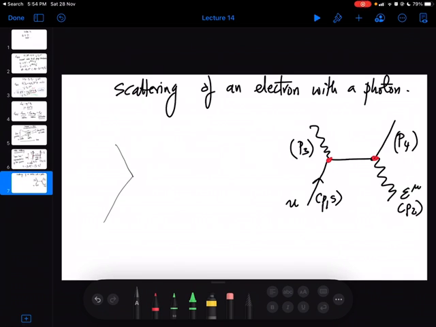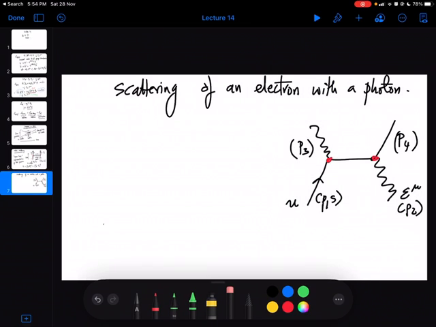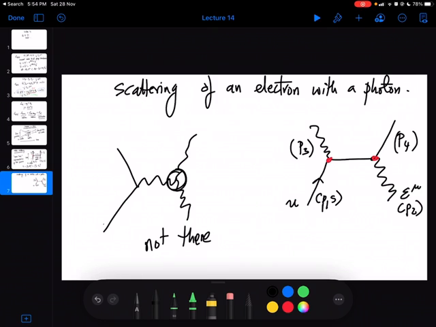If I draw a diagram exactly like last time, with an electron and a photon, there is no photon coupling in the theory. Such a thing is not allowed.